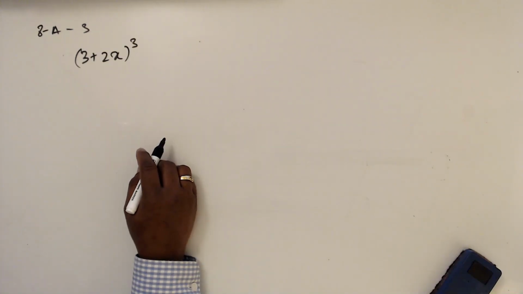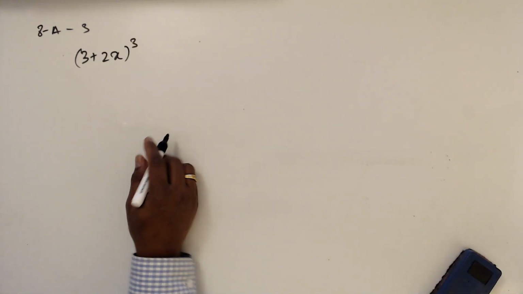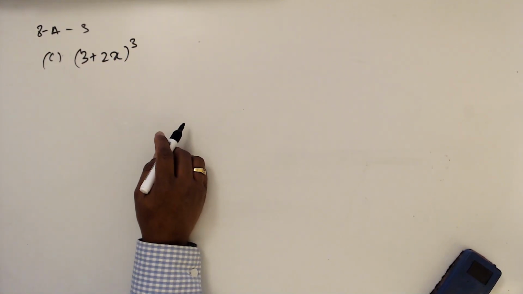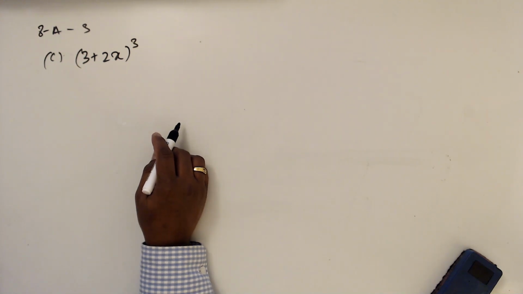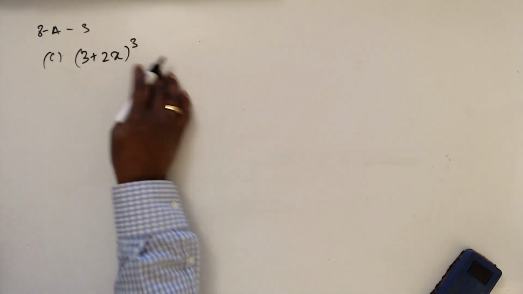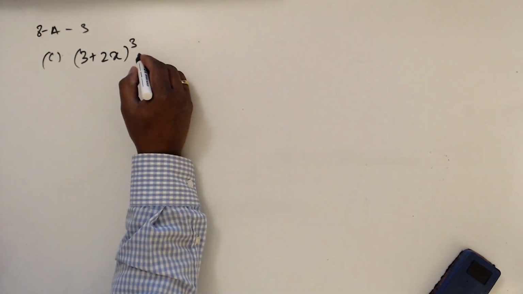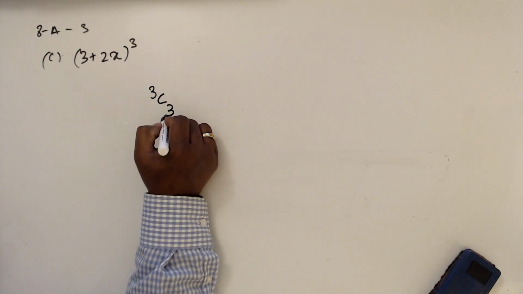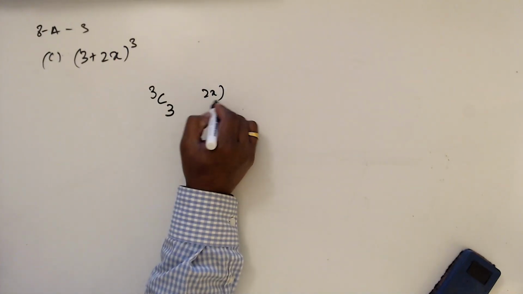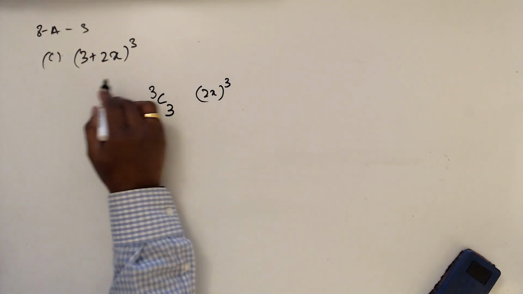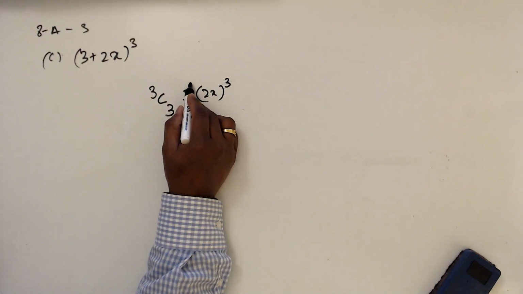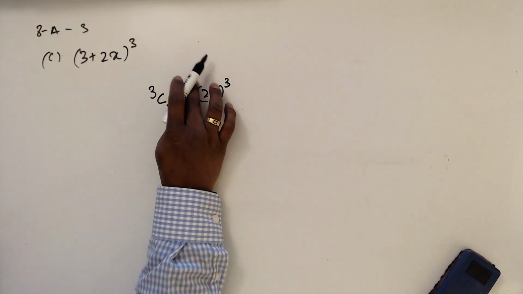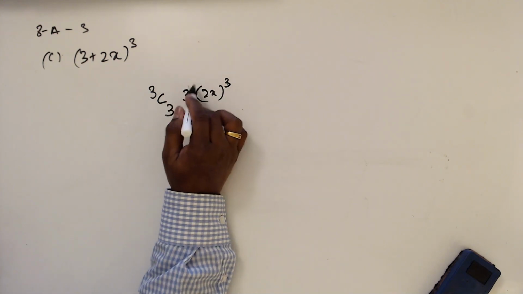Question number C. We want to find the coefficient of x cube. It means we need to find 3C3 and then 2x3 and 3 to the power 0. Why is it 0? The addition has to be 3. In other words, what value do you need here?